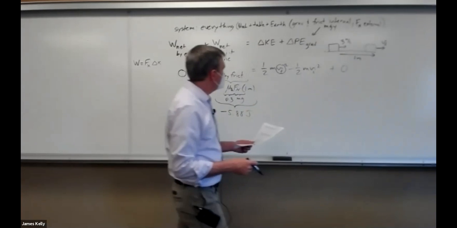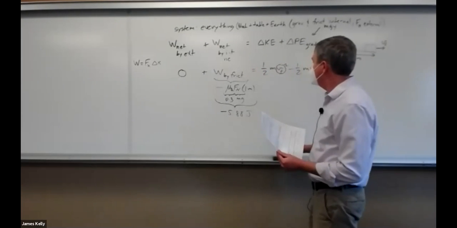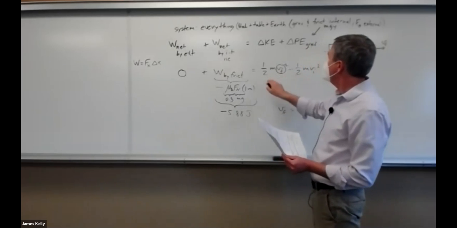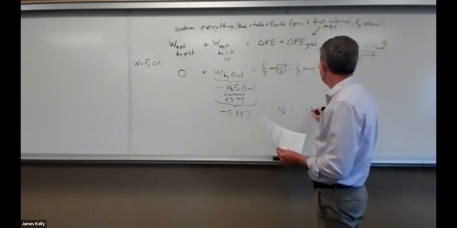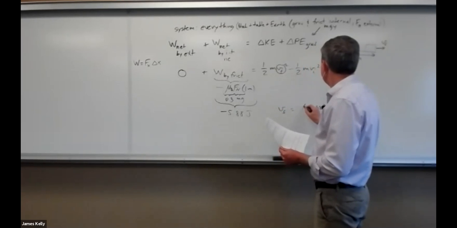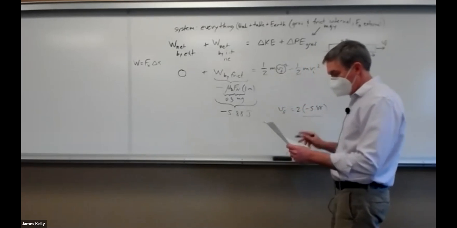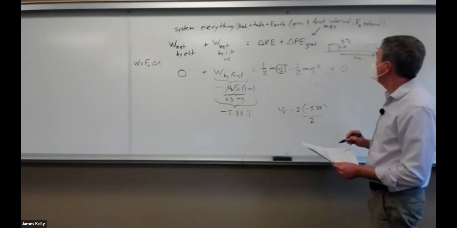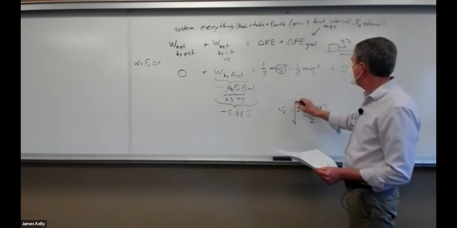And then when I calculate V final, let's see. I need to multiply both sides by 2, minus 5.88. I need to multiply by 2 and divide by m, which is 2 kilograms. And then I need to take the square root.